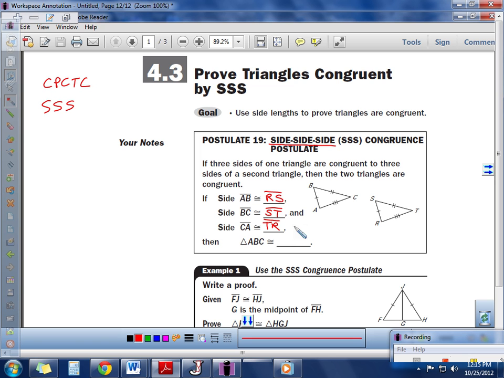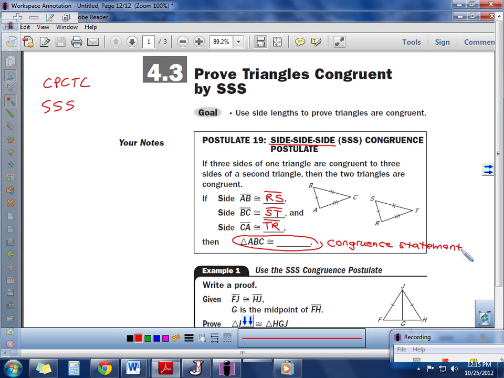Now you got to understand this little statement. What's this kind of thing called right here? It's called a congruence statement. Write that down. This is called a congruence statement. And they always look like that. Does the order matter on a congruence statement?